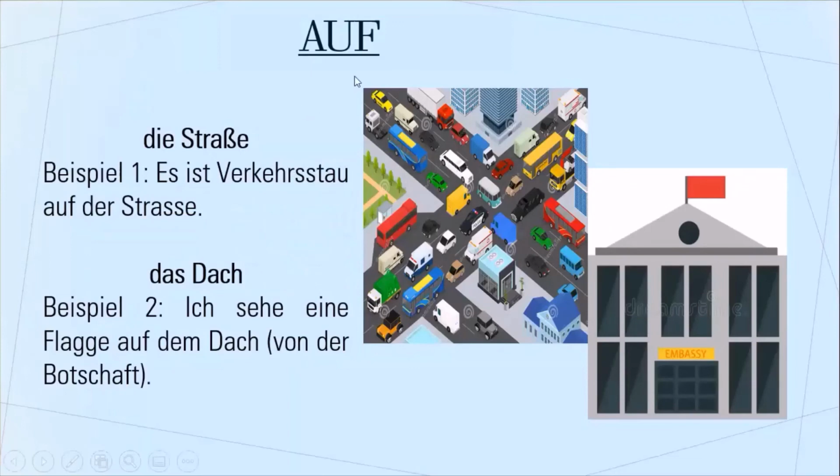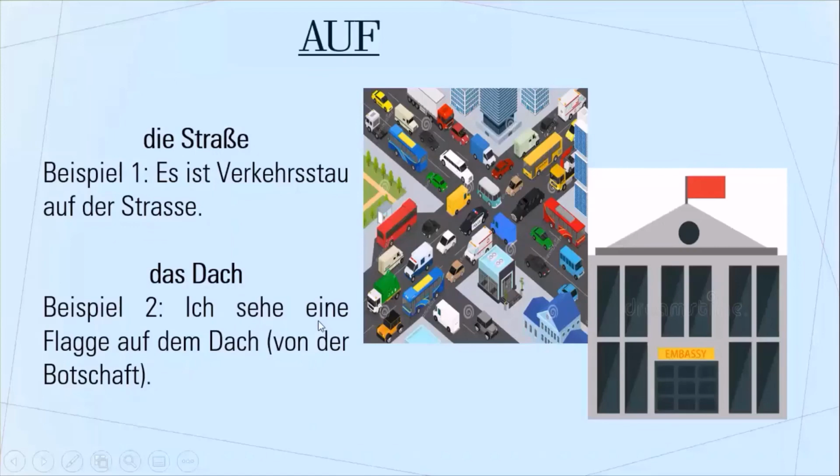Auf can also mean on in another example like, Ich sehe eine Flagge auf dem Dach von der Botschaft. So you can add this sentence, or simply the sentence can be till the word Dach.